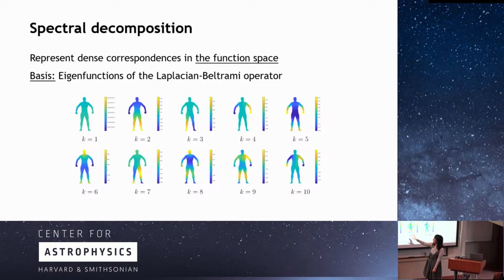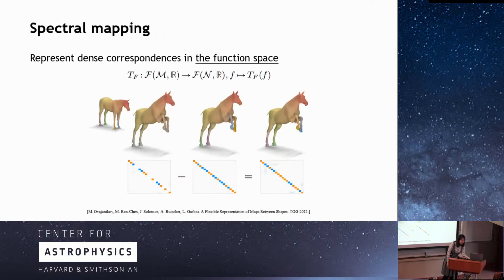You can take all the eigenvalues and eigenfunctions of this operator, and here are the visualizations of the eigenfunctions. All these eigenfunctions together can form a function space of the data or of the manifold. After having the spectral decomposition using the Laplacian operator, recall that we want to estimate the correspondences or the point mapping between two images.